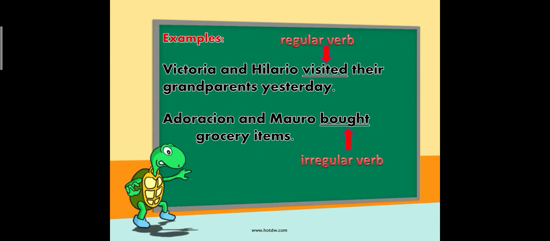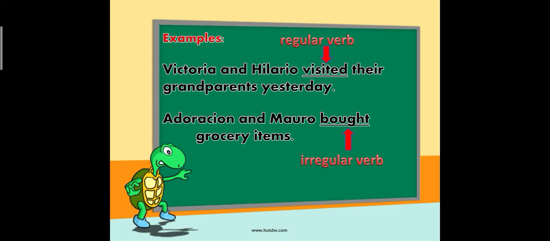Example: "Victoria and Hilario visited their grandparents yesterday." The simple past tense in the sentence is "visited," and "visited" is a regular verb. As you notice, "visited" ends with ED. That's why it is a regular verb. Next example: "Adoracion and Mauro bought grocery items."